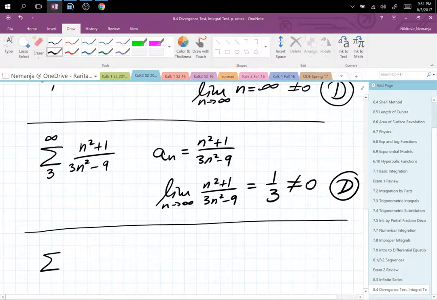You have the series of 3 to the k from 0 to infinity. What do we do?